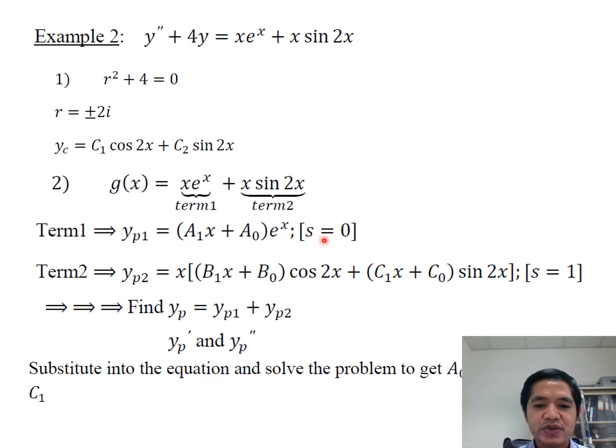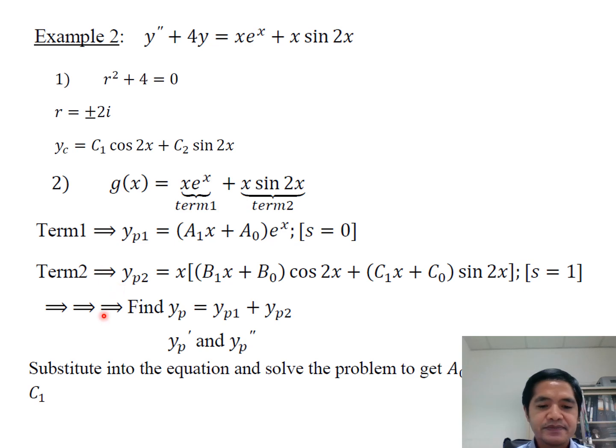When s equal to 0, and then you think about this side, compare here and here. So the yc, there is no exponential term. So in this case, s equal to 0 is okay. This is the right way to do.